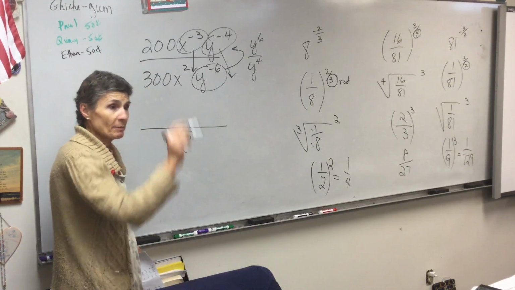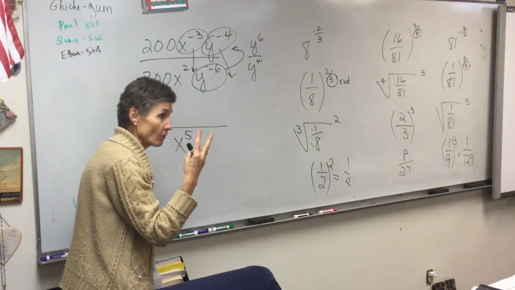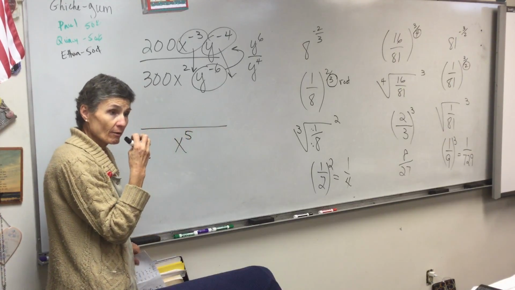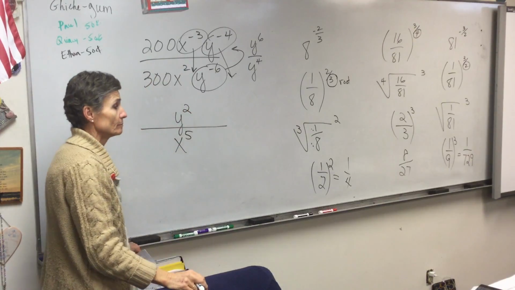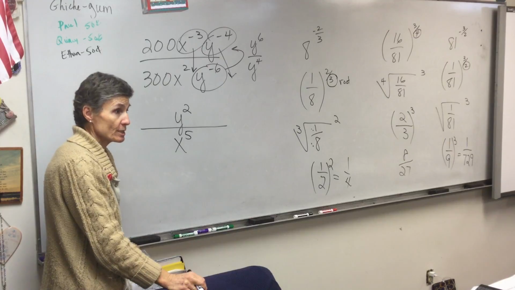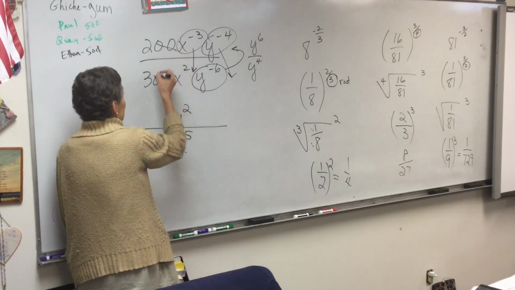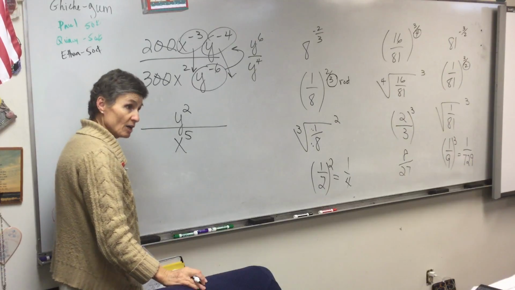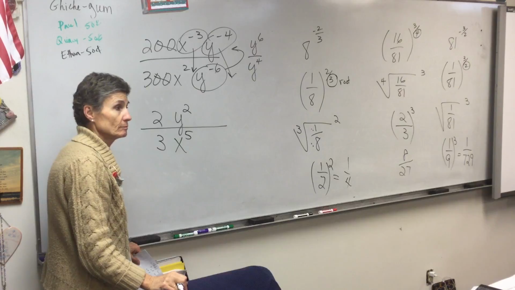So what's gonna happen when you start canceling? You're gonna have 2 left over, on top. So I'm gonna have y squared on the top. What happens to 200, 300? Well, nothing's happened to the 200 and 300 yet. I'm gonna have to reduce those. They're clearly both divisible by 100. So I'll have 2 over 3.